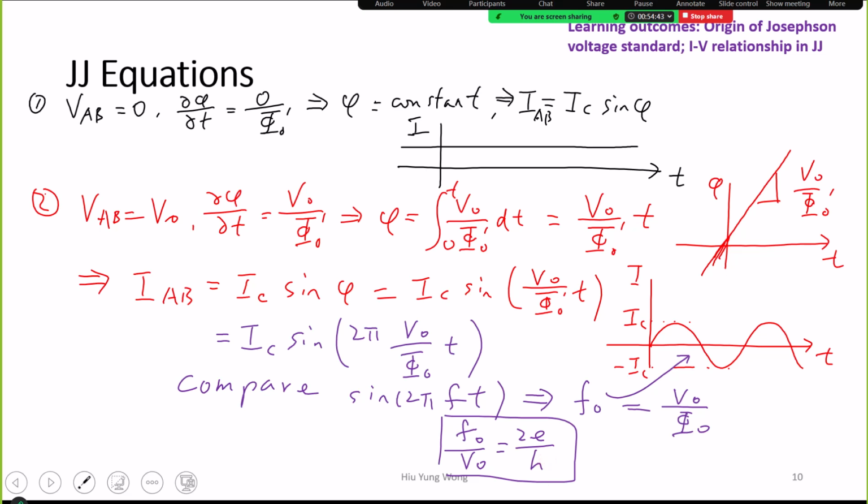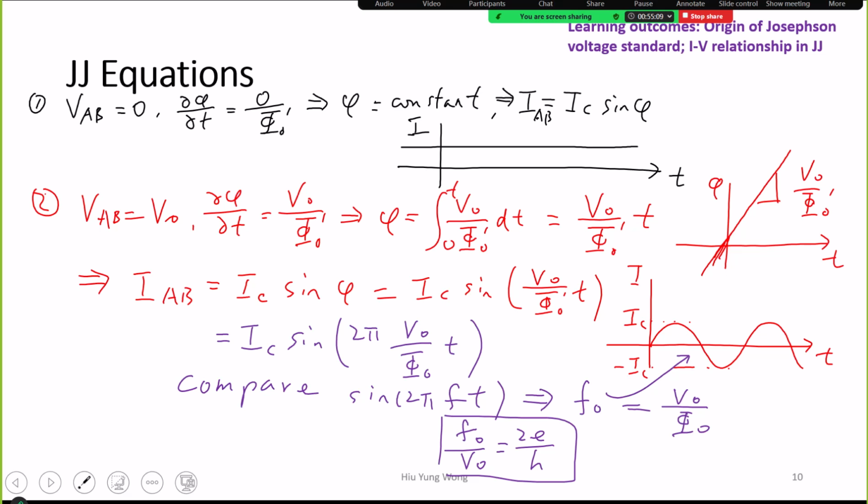And that gives a very important quantity: how do I define what is 1 volt? In the past, they used different experiments to define 1 volt. Defining 1 volt is not easy because you need to make sure you can reproduce it in every laboratory, whether it's on the Earth or on the Moon, right? Now this is used to define 1 volt.